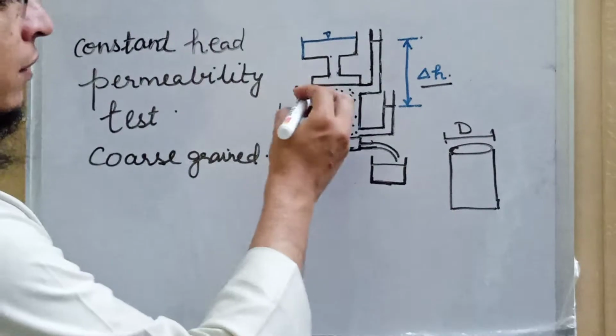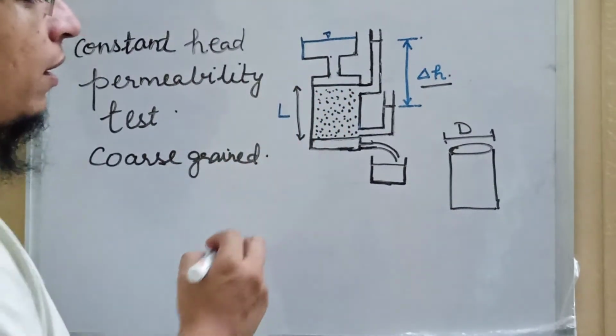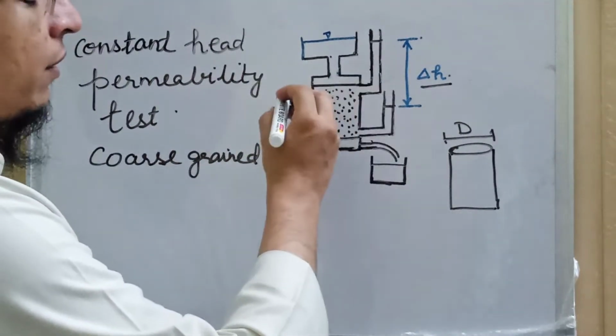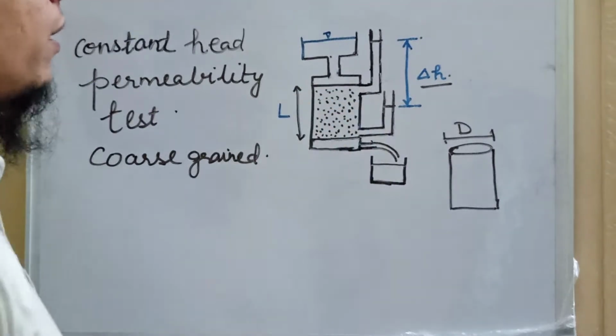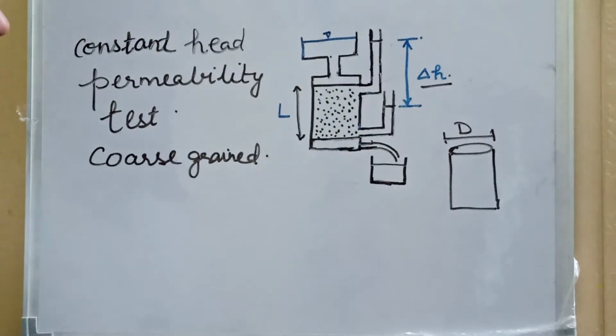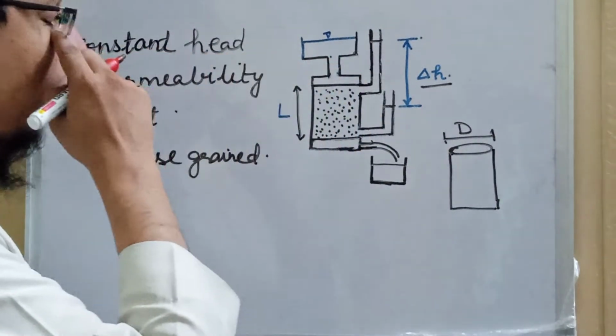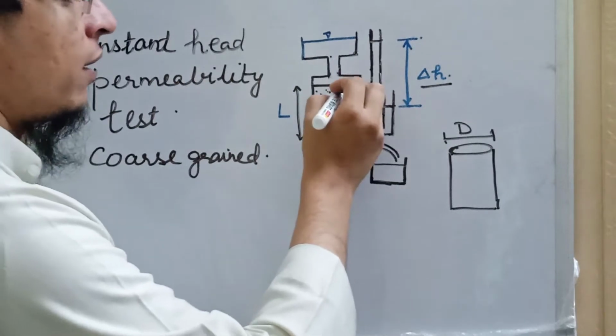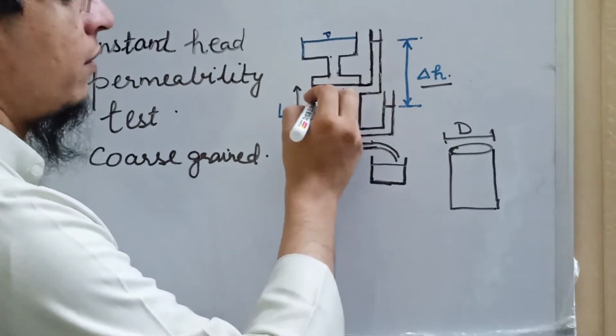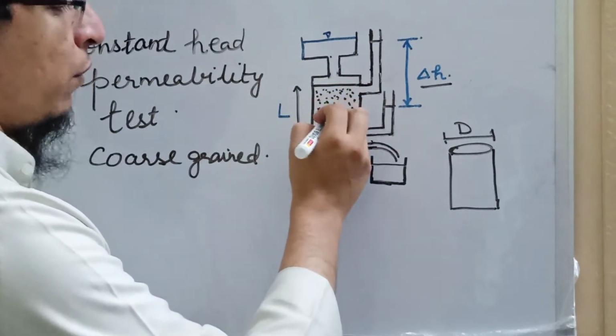So this will be the length of soil sample L, where the distance between the two piezometric tubes, that is L, will be the length of soil sample. And when the water flows through this soil sample, due to soil particles it will face a resistance to its flow.